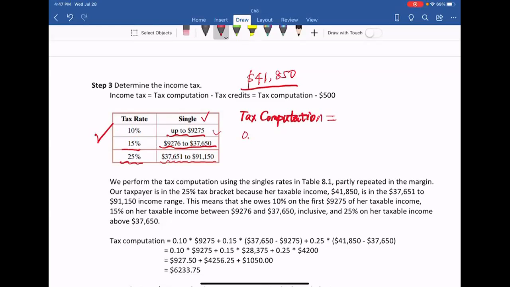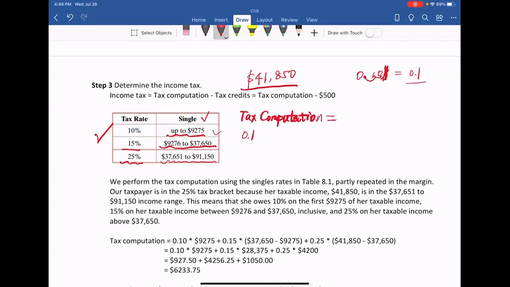I can use 0.1 because 10% equals 0.1. 10 has the decimal point on the right, you move it two places to the left, you get 0.10, and then take away the percentage sign.